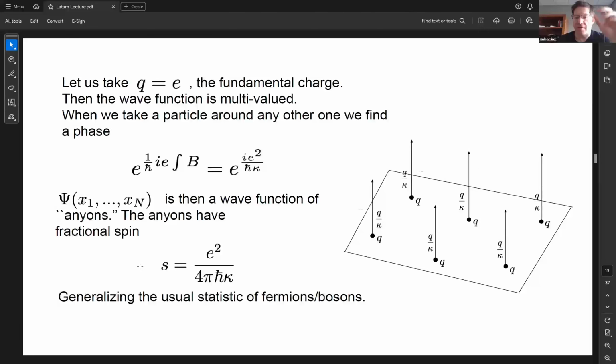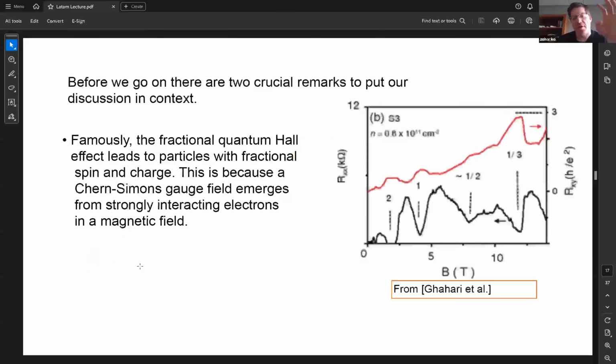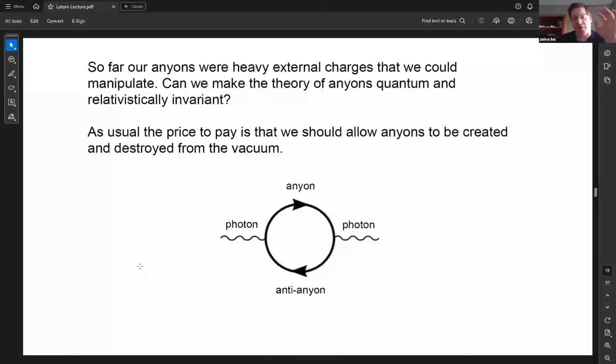And we treated anyons as heavy particles. An interesting question is, how do we make anyons relativistically invariant? So these are relativistic particles. And what are the quantum effects that come from creating anyon, anti-anyon pairs from the vacuum?